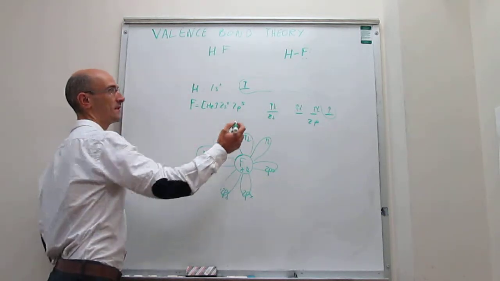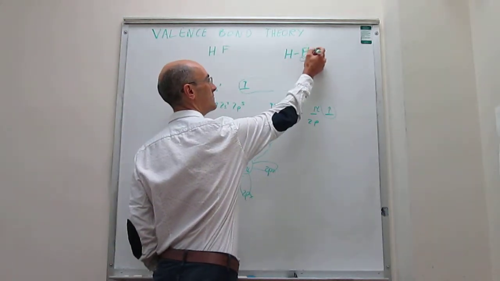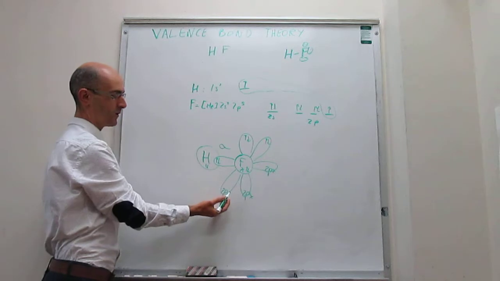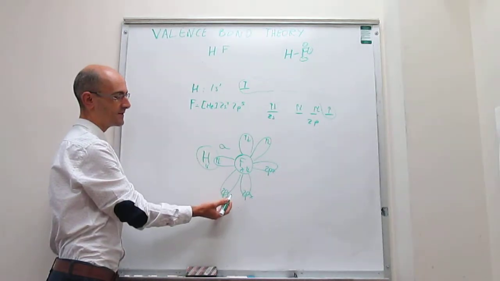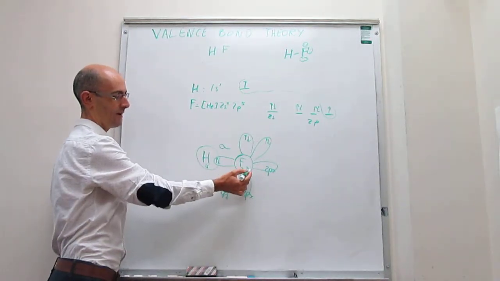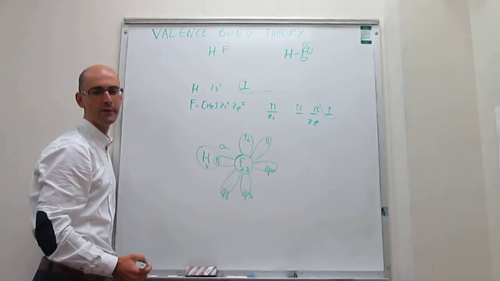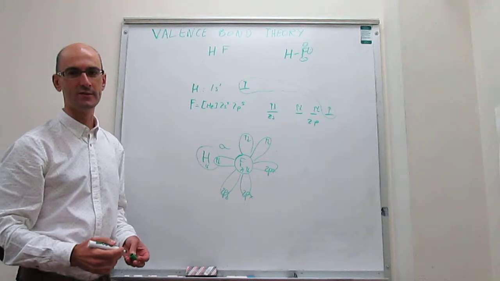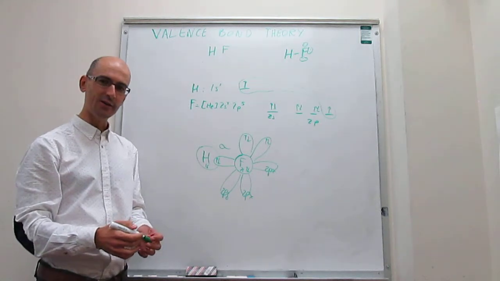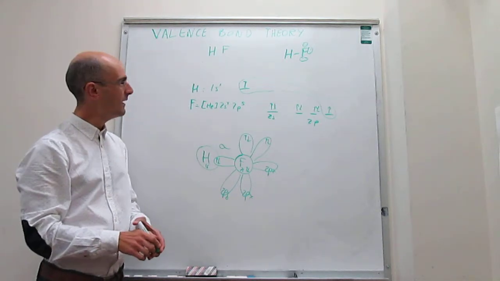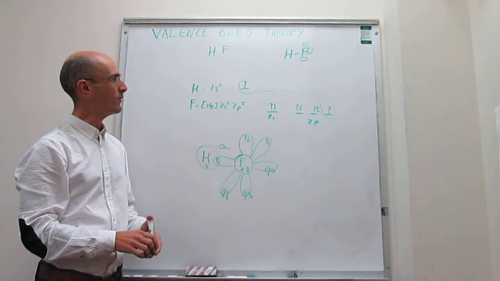The other thing is that here we have lone pairs, and now we know where those lone pairs reside in the case of fluorine. You have 2 lone pairs as part of the 2s orbital, then the other 2 lone pairs are part of the 2px and 2py orbitals, which are not involved in bonding. All right, so that is a little bit more of valence bond theory.